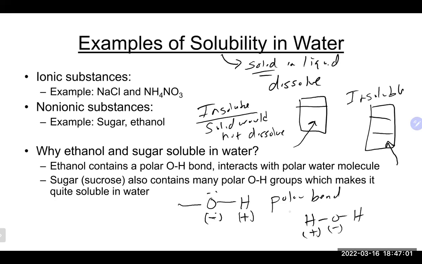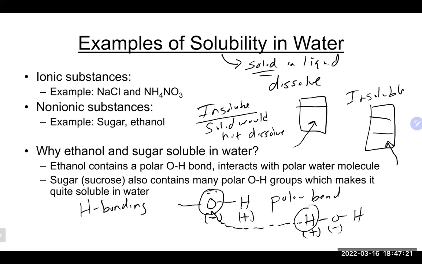That gives a place where water can interact with these molecules that are not ions. The hydrogen from water is attracted to the negative oxygen there. This makes what is known as hydrogen bonding, a bond between hydrogen and oxygen.